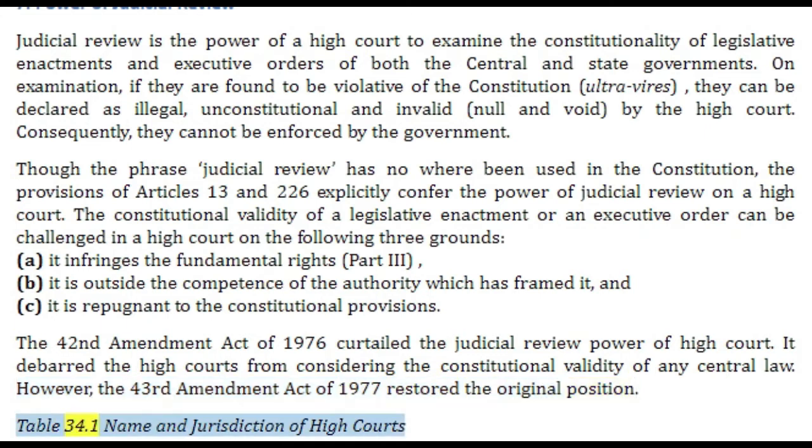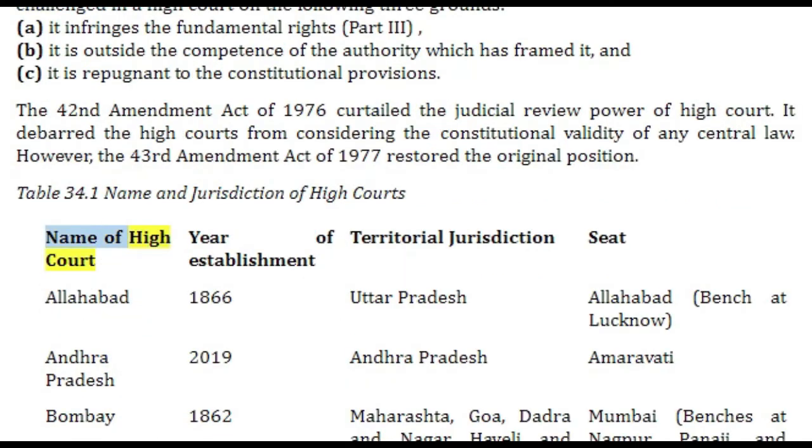Table 34.1 Name and Jurisdiction of High Courts. Name of High Court, year of establishment, territorial jurisdiction, seat. Allahabad, 1866, Uttar Pradesh, Allahabad, Bench at Lucknow. Andhra Pradesh, 2019, Andhra Pradesh, Amravati.